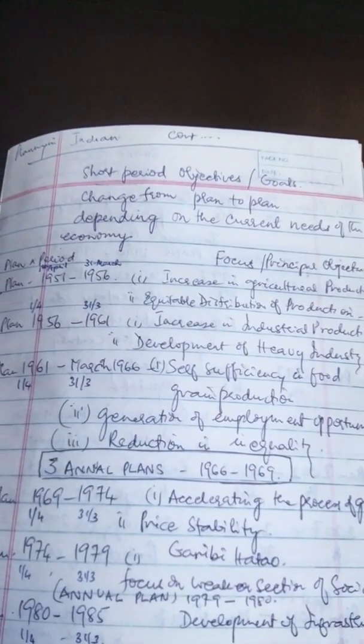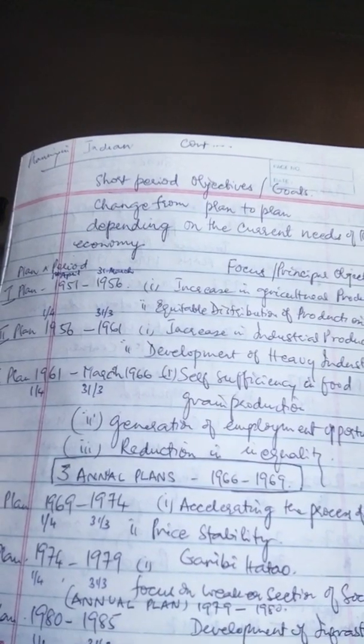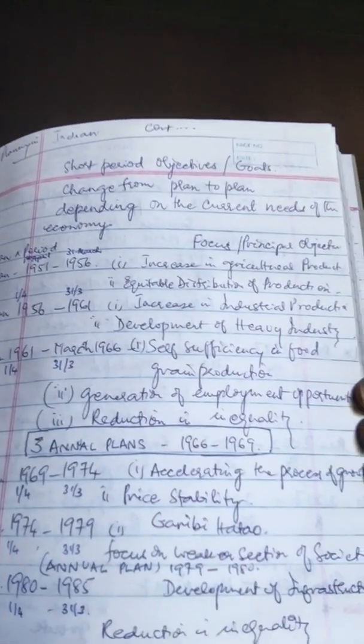During these 3 years, that is 1st April 66 to 31st March 1969, we had 3 annual plans, and this is known as a plan holiday.